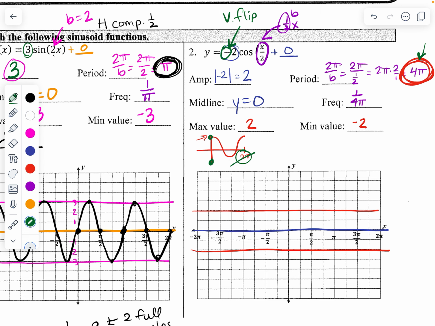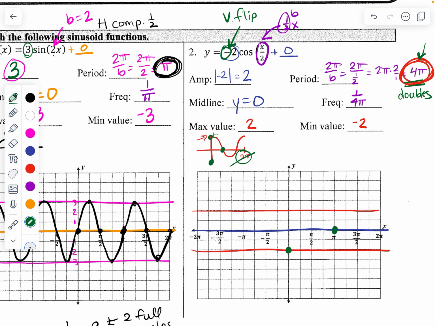So let's start to graph that. At the start, instead of starting at my maximum, because we're having a vertical flip of -2, we're going to start at the bottom. And then instead of going up to your 0, typically at pi over 2, it's doubling that horizontal length. So instead of happening at pi over 2 here, we're going double that to pi.